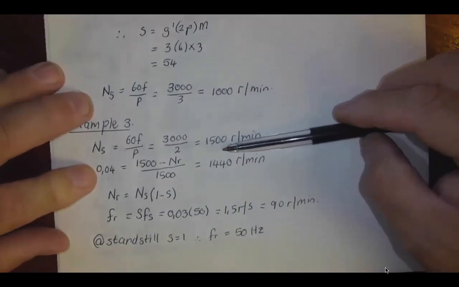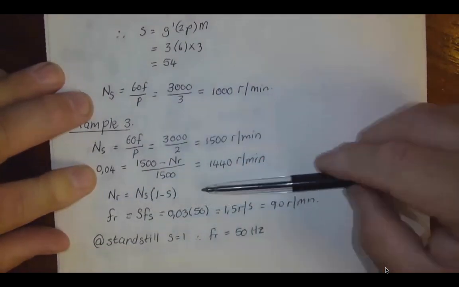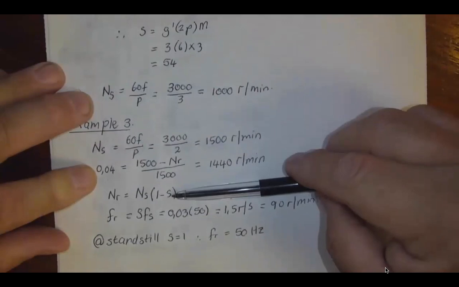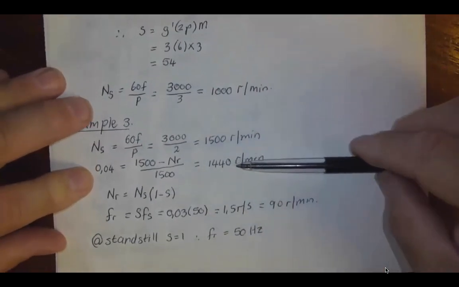Now for a slip of 4%, then we can say that NR is NS times 1 minus S, so that's 1,500 times 0.96. That gives us then 1,440 revs per minute.